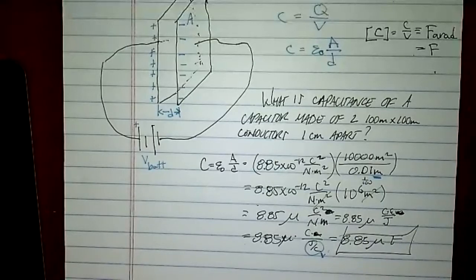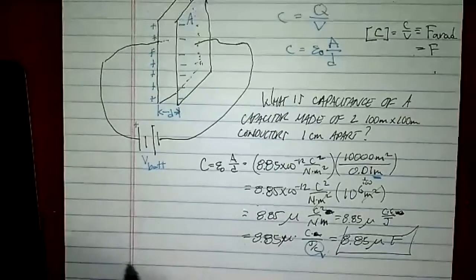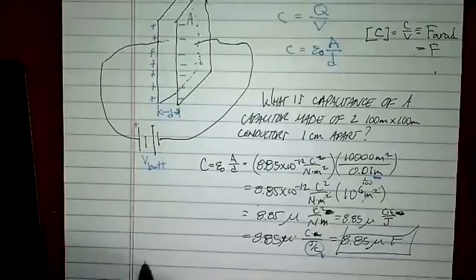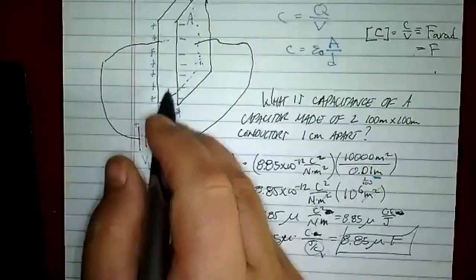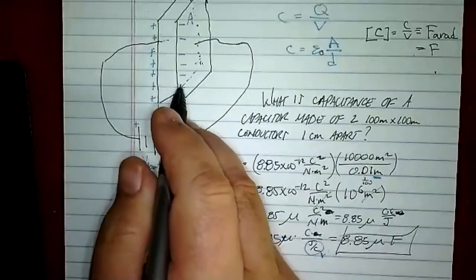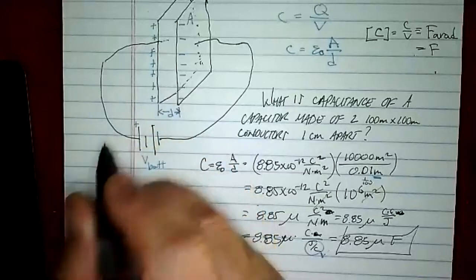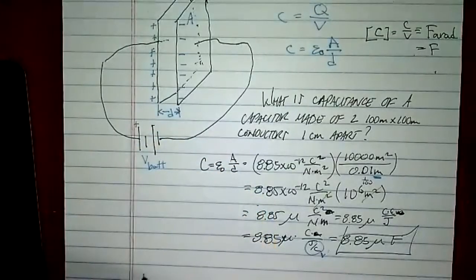The good news is you can actually make the capacitance even larger if you want, just by using a dielectric. So what we found by experiment is that if you replace the air or vacuum with a dielectric, which is just a fancy word for insulator, you get a couple advantages.